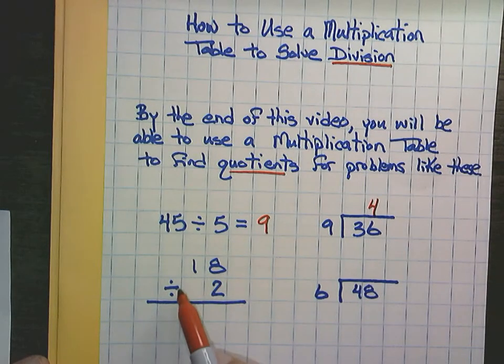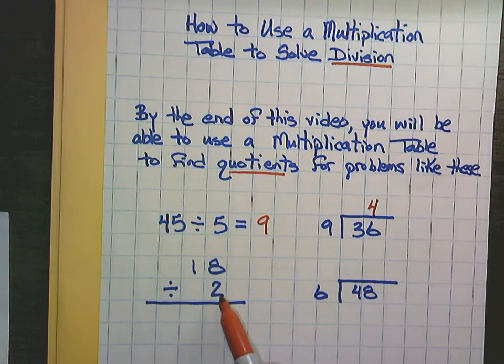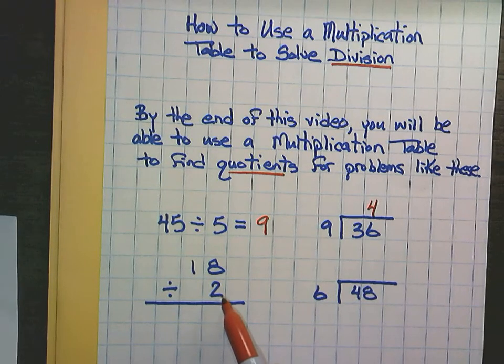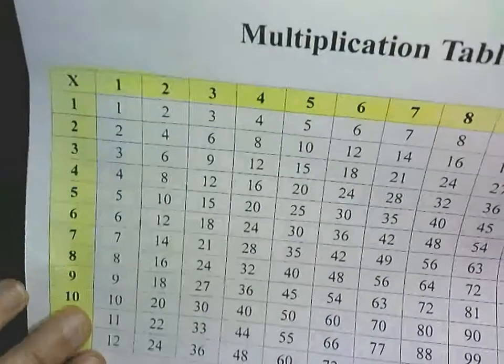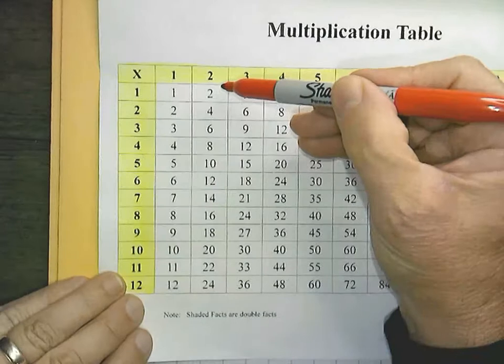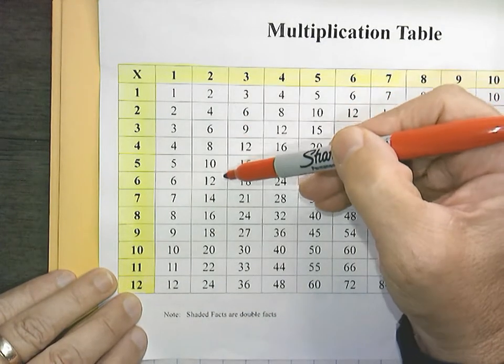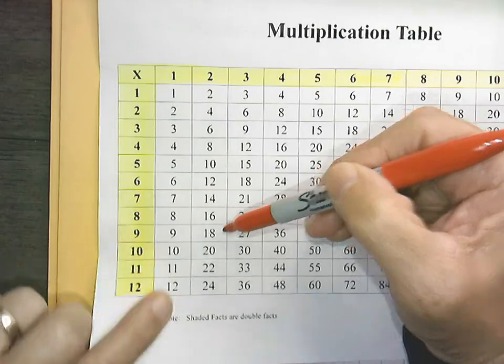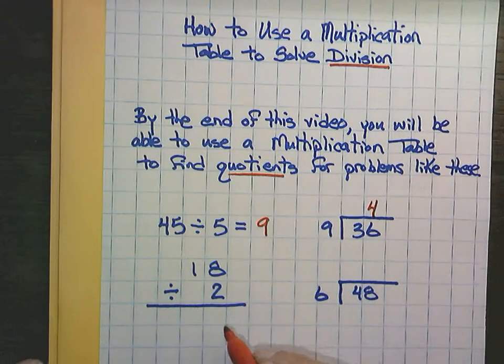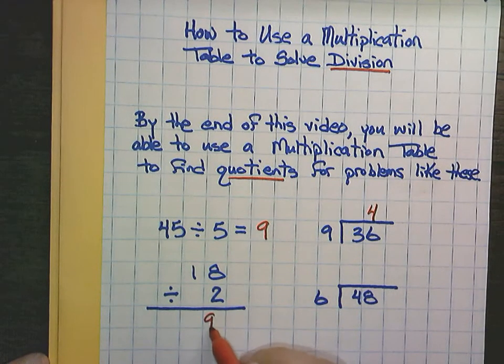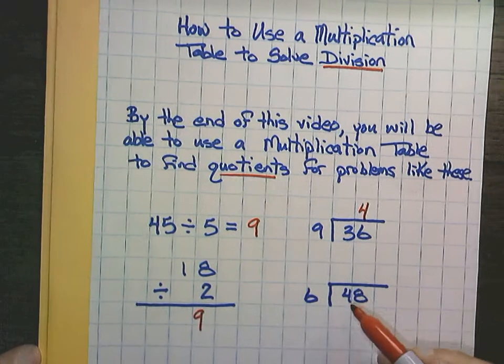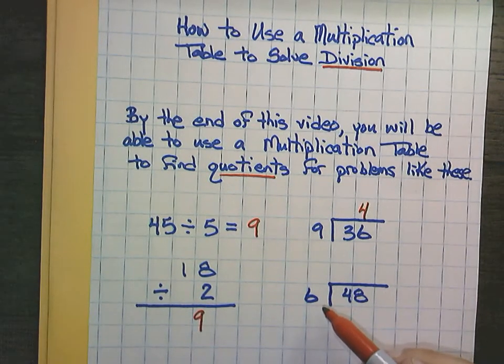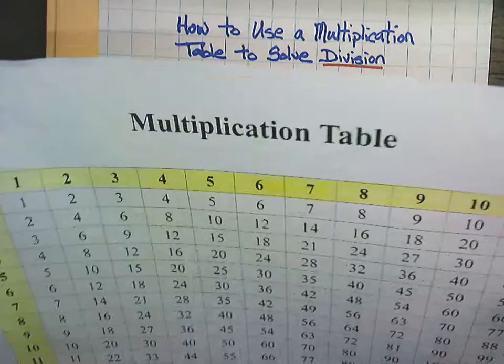18 divided by 2. Here's the 2. I find 2 and I count down to 18, and you can see that that would be 9. 48 divided by 6.